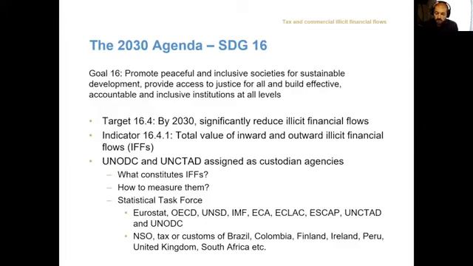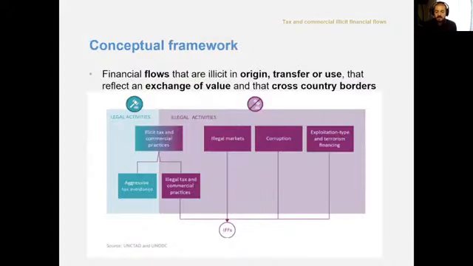Now, the conceptual framework defines IFFs as financial flows that are illicit in either origin, transfer, or use, that reflect an exchange of value, and that cross country borders. This specifically is important for the measurement part.